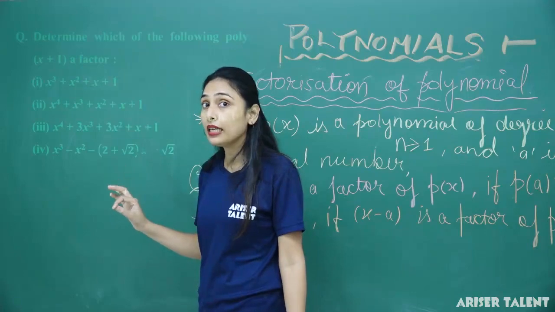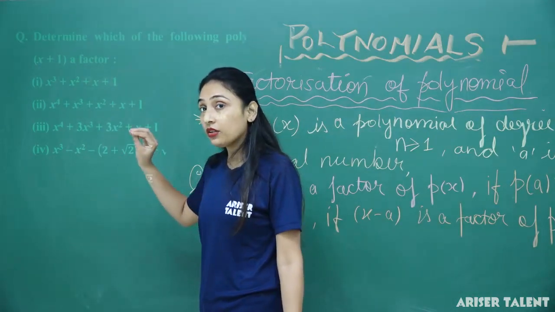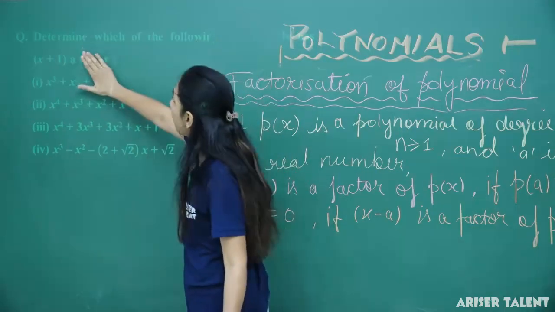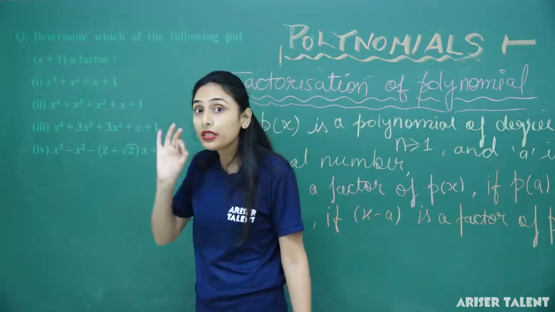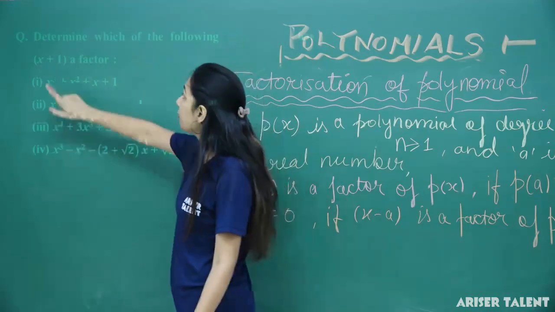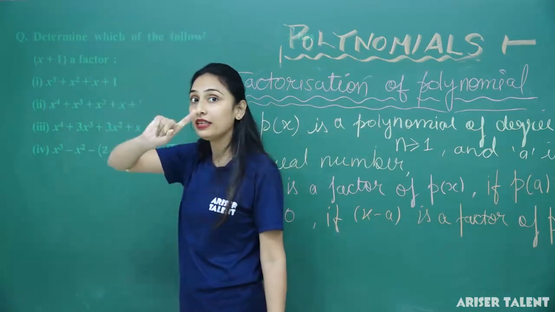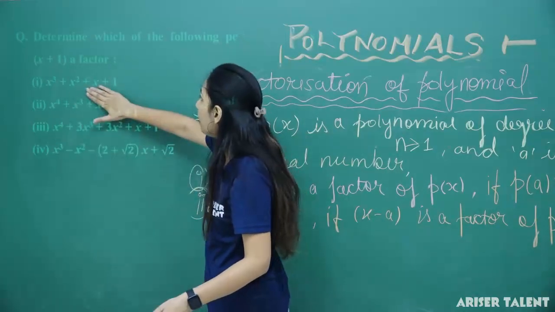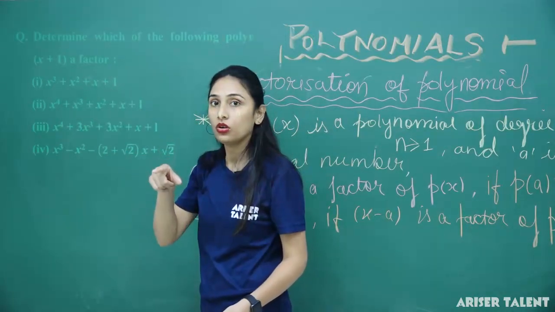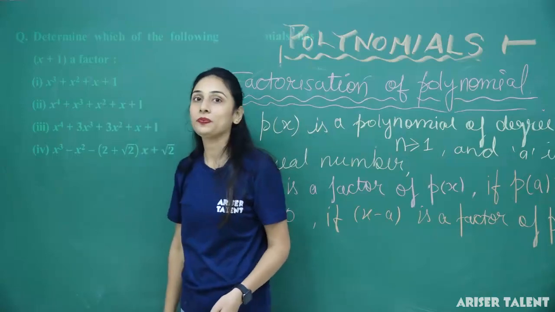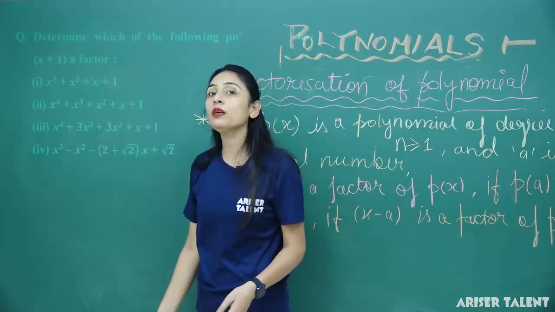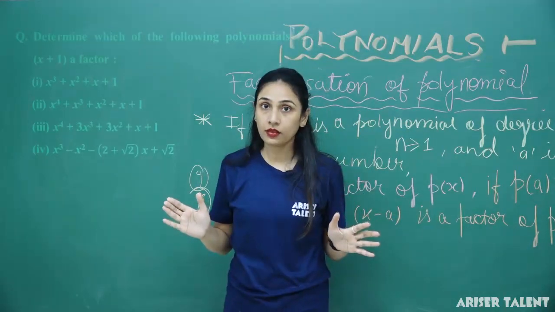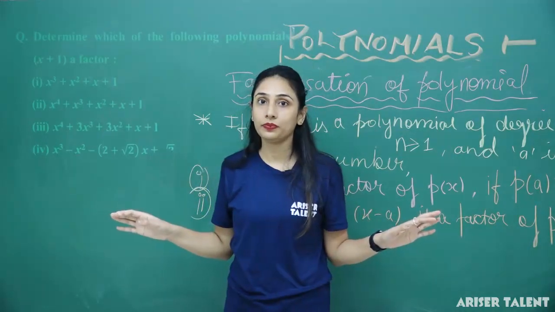That means if this is a factor, and I find the value of x from here, it is x equals minus 1. So at x equals minus 1, if the value becomes 0, then this is a factor. If the value does not become 0, then for sure it is not a factor. This is the simple concept.